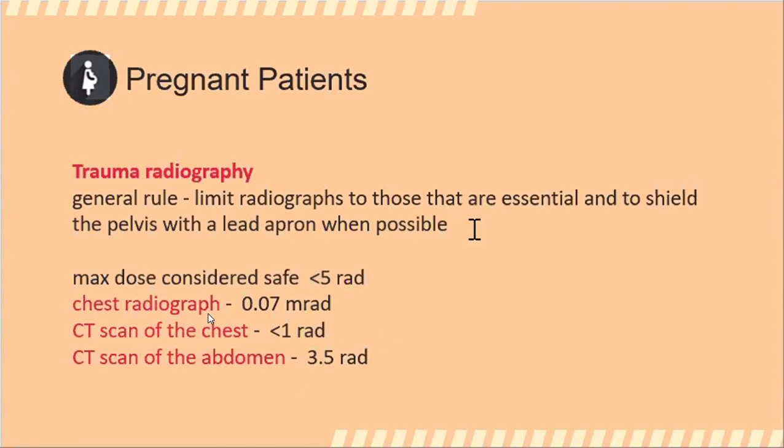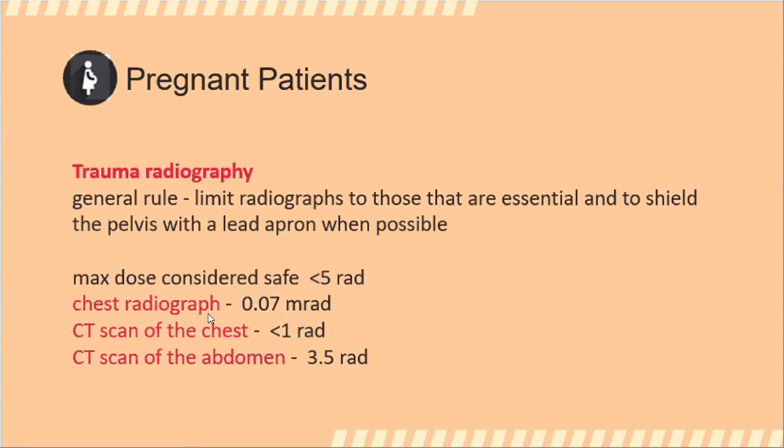So for radiograph, it is important to shield the pelvis. So meron tayong lead aprons. The max dose is less than 5 rad. So yung ginagawa natin, as much as possible, hindi natin in-expose yung pregnant sa X-ray radiation.